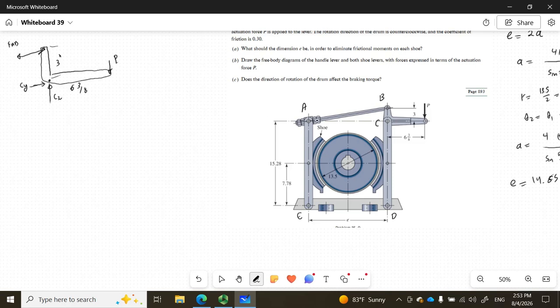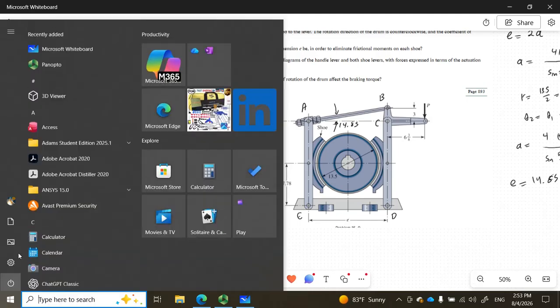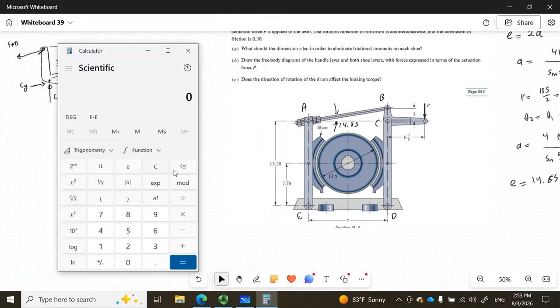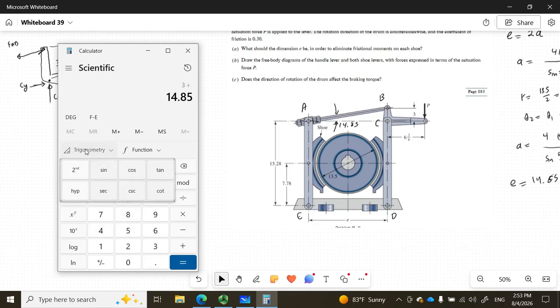Alright, so by the way, let's look at this. This entire length AB, I found it to be 14.85. This height is 3. I'm going to need this angle here, so let's find that angle. It's going to be arctangent of 3 divided by 14.85.